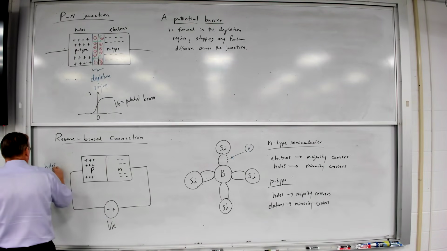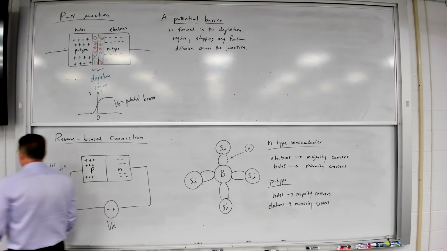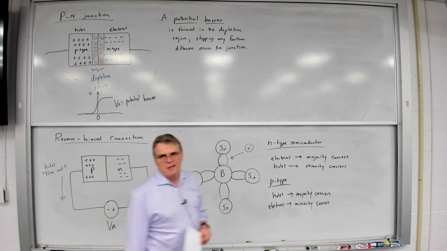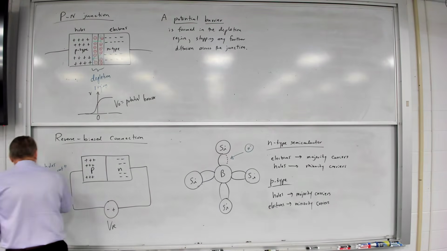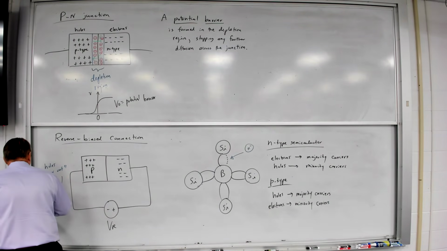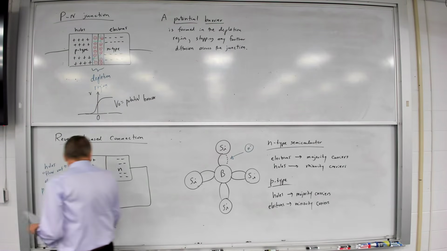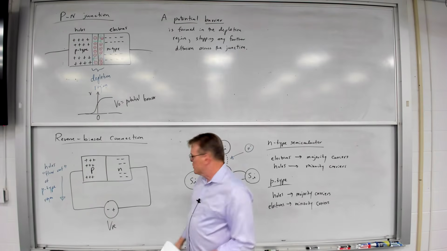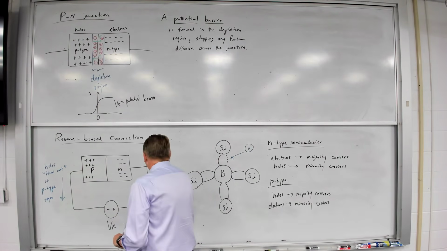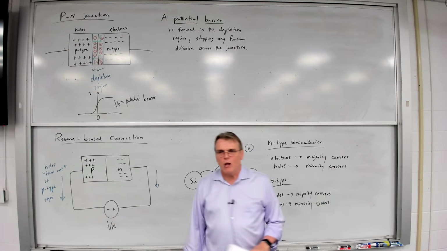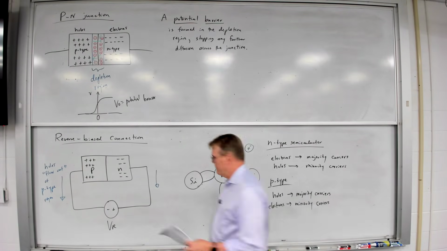Now, not really, of course. Holes are not actual physical particles, but we're going to pretend that they are. The excess electrons we have, they're going to be attracted to the positive terminal. Electrons are going to flow out of the n-type region.